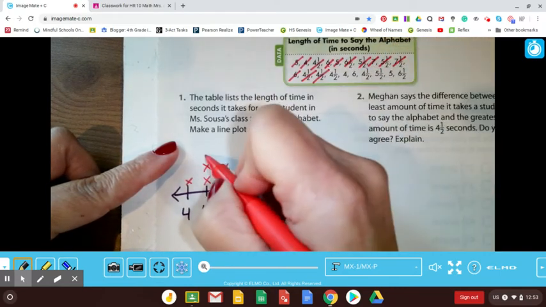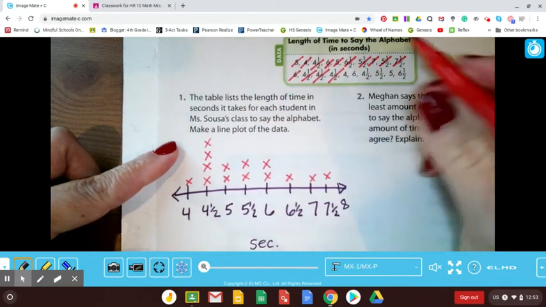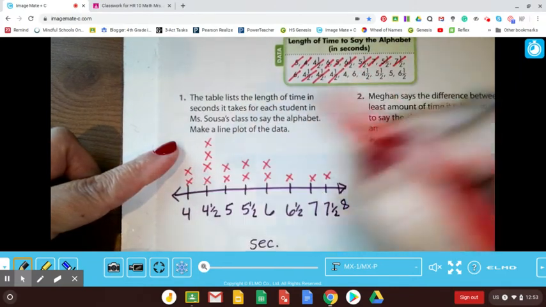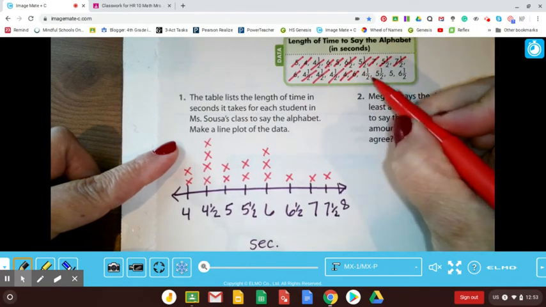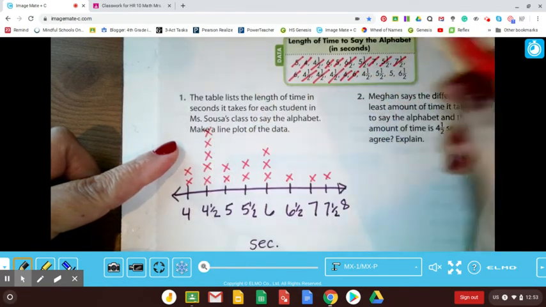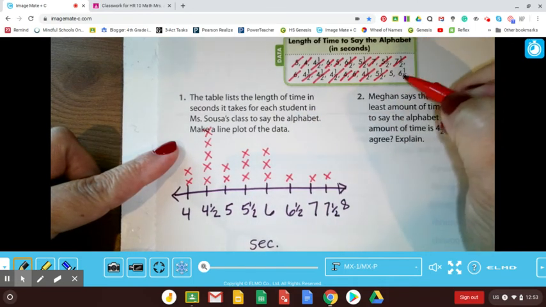Another 4.5. Another 4.5. A 4. A 6. 4.5. 5.5. 5.